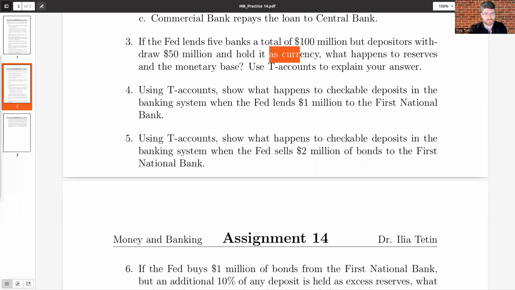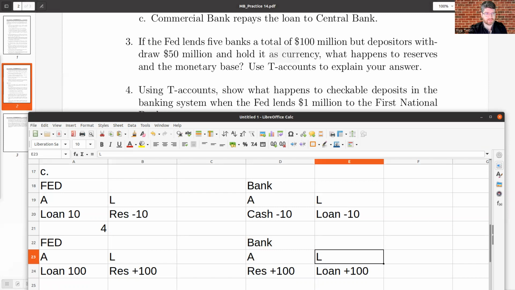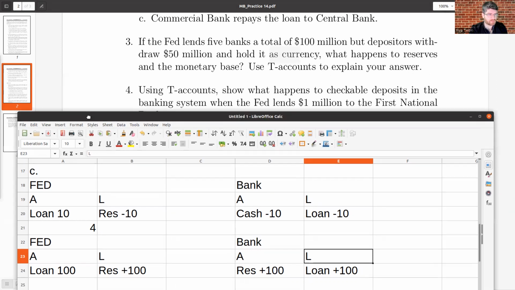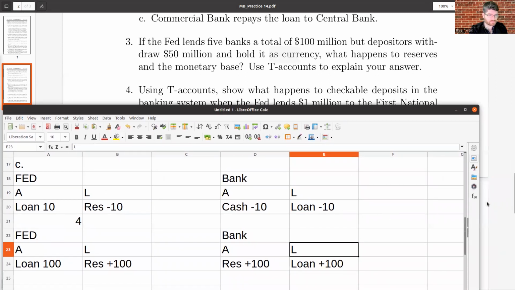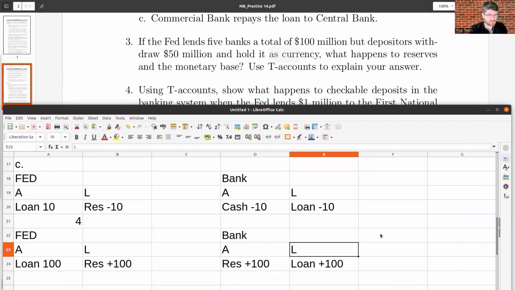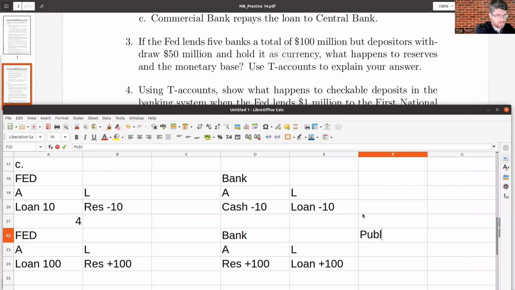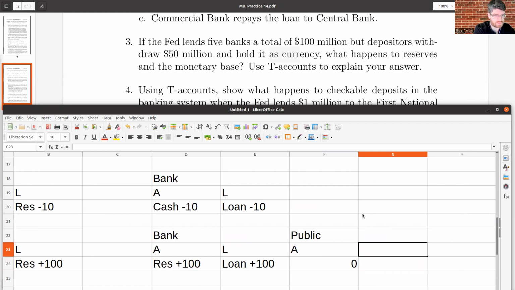So how can we explain this effect? Generally, we have to provide additional information for the public. So the initial effect for the public, assets and liabilities: asset 0, liabilities 0.